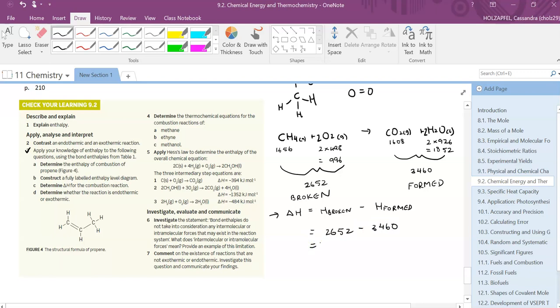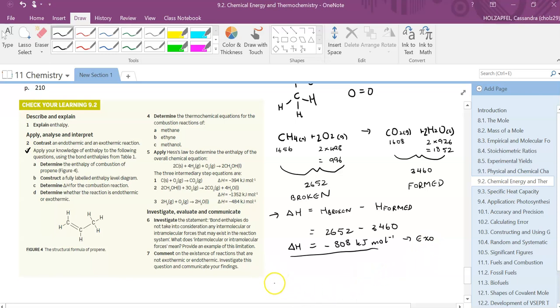So 2,652 take away 3,460 gives me negative 808 kilojoules per mole, or per reaction that's occurring. Because this is negative, this implies that energy is being released to the environment, and so therefore this is going to be an exothermic reaction.